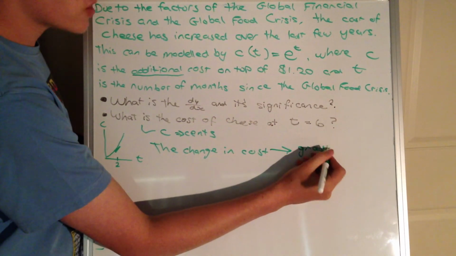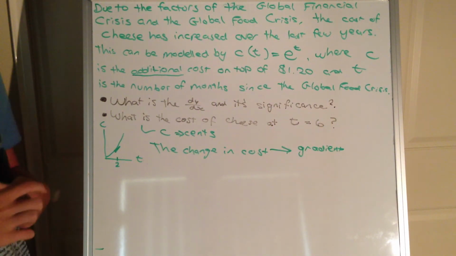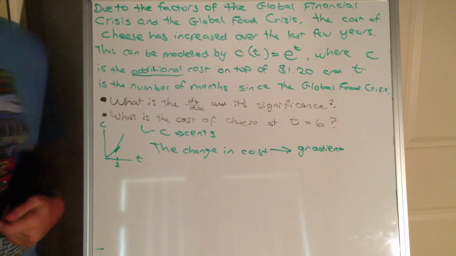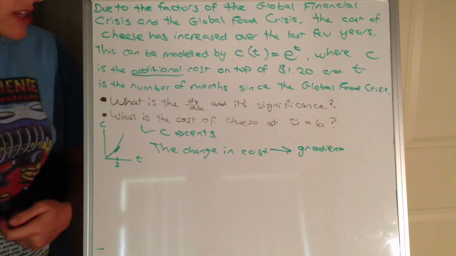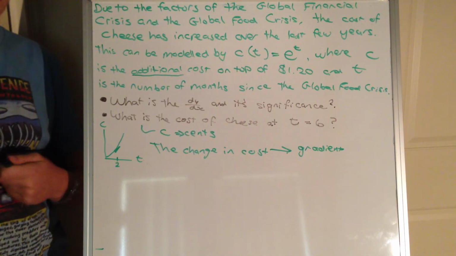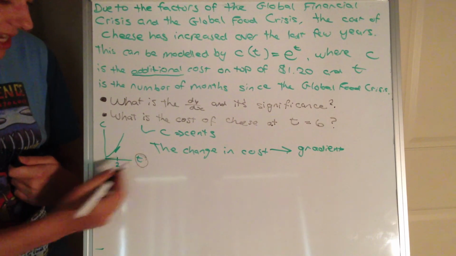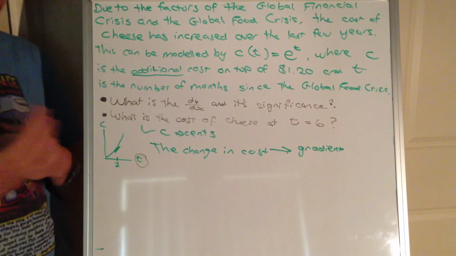That was a nice simple question, but now it asks us to find the dy over dx. And we need to be able to find the derivative of e to the t, and we just assume that t is like an x value in this respect, because again, t is x in this scenario.